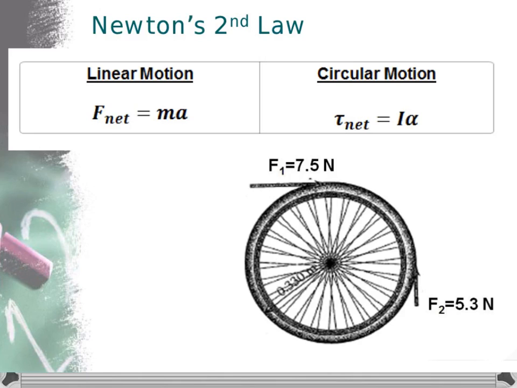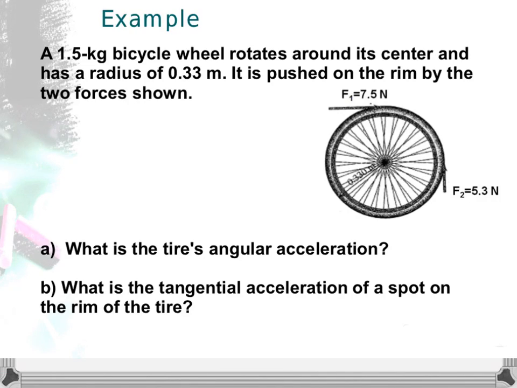Let's actually show how we can use this rotational version of Newton's second law in an actual problem. So let's take this wheel. Same wheel. We're pushing on it with two different forces. One of them is 7.5 newtons, and we're pushing at the top of the wheel toward the right.